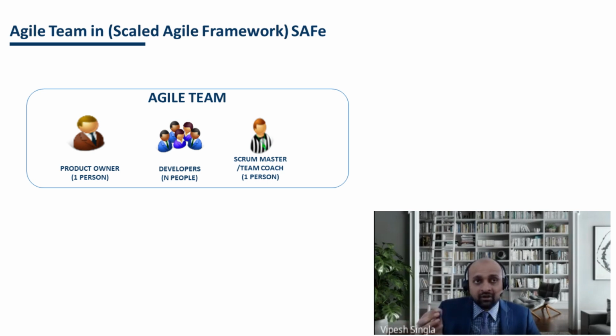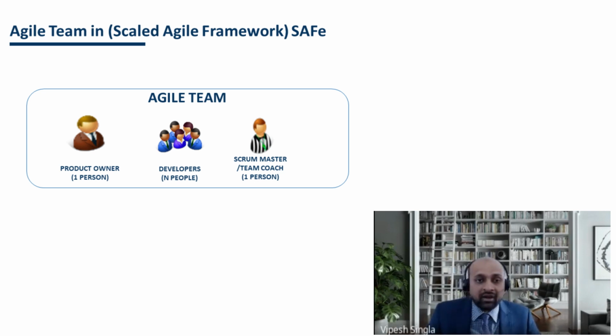SAFe calls a sprint an iteration rather than a sprint. It's a 2 week time period in which this agile team will define, build, test, and deliver a product increment. That's what an iteration is.